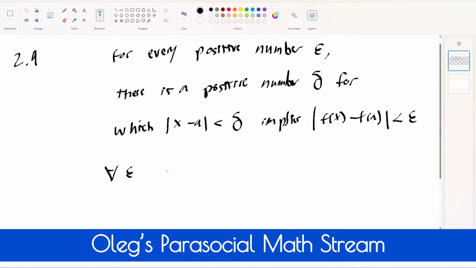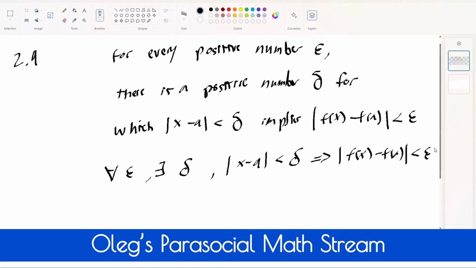there exists a delta. For all e there exists delta, comma, and then we're going to drop this equation in here, x minus a less than delta, and we're going to say this implies f of x minus f of a is less than epsilon.